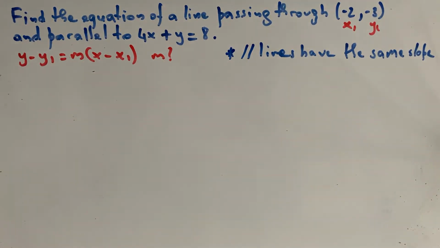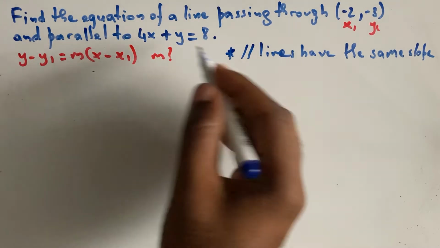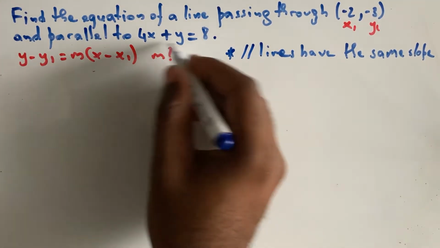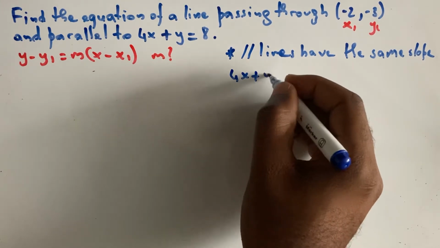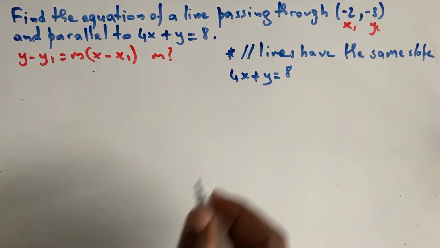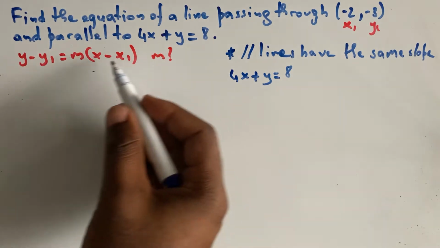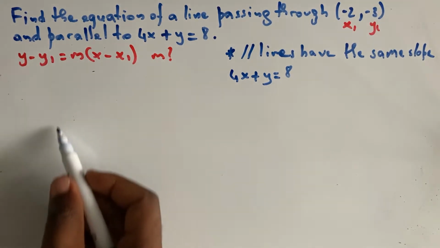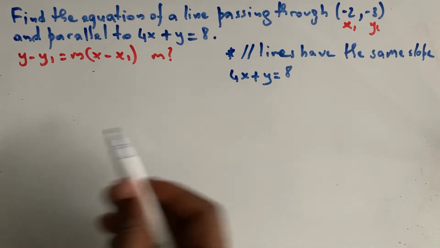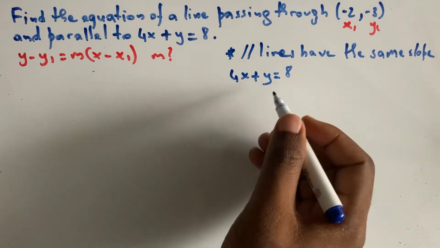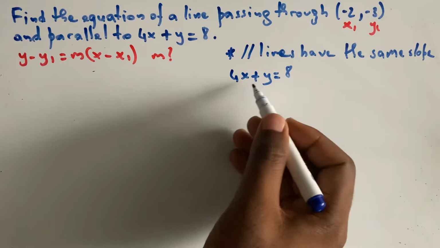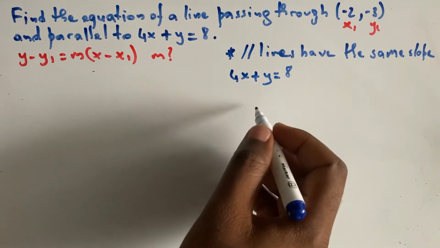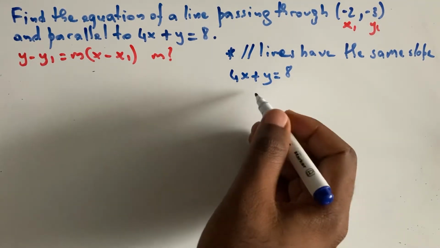Now, once you know that, if you can get the slope of this line, which is given to you as 4x plus y equals 8, you can use it right here to get the equation of the line you need. So let's get the slope. In another video of mine, I showed you that if you have the equation of a line, you can find the slope if you write it in slope-intercept form.